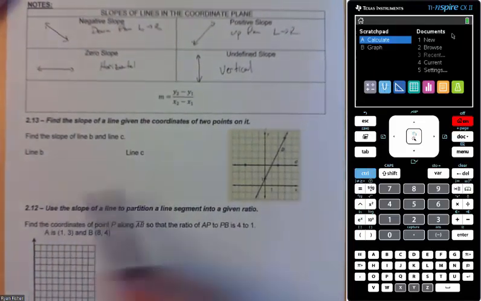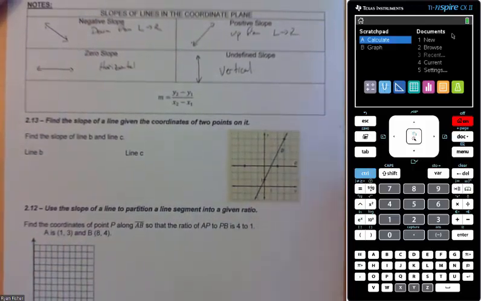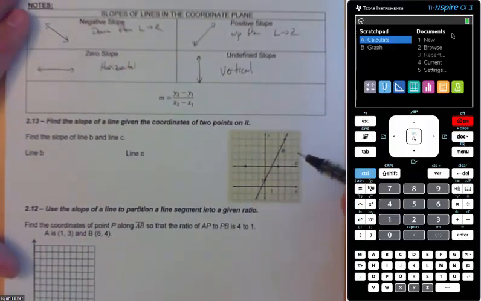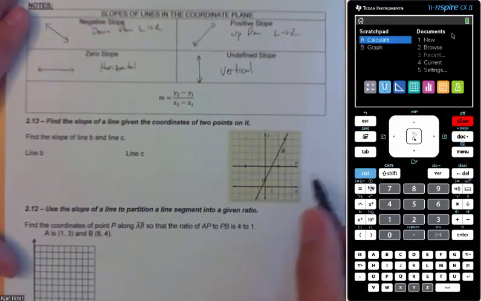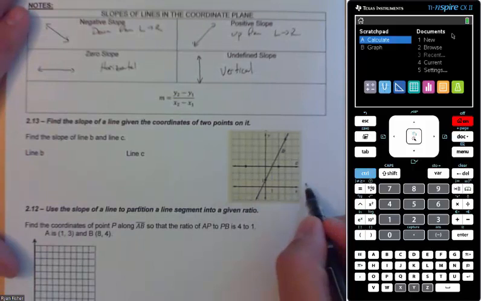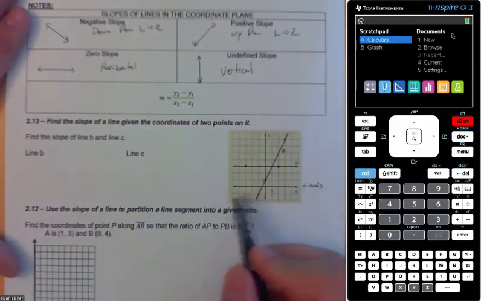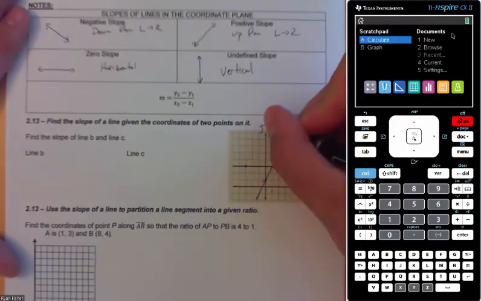So let's just find the slopes of these lines. Find the slope of line B. I'm always going to try to use points that are on the grid lines that are more or less shown to us. Also note that in this diagram, this is the x-axis. It's not this one that's going through the middle of the piece of graph here. Here's the y-axis.